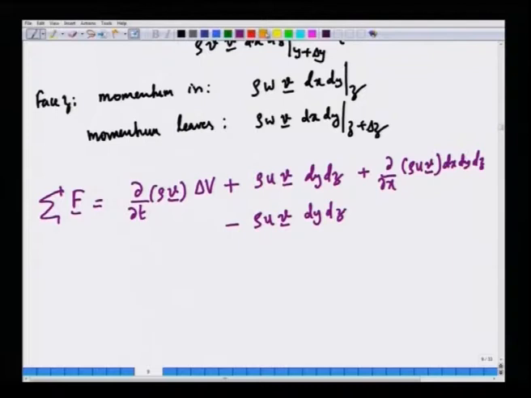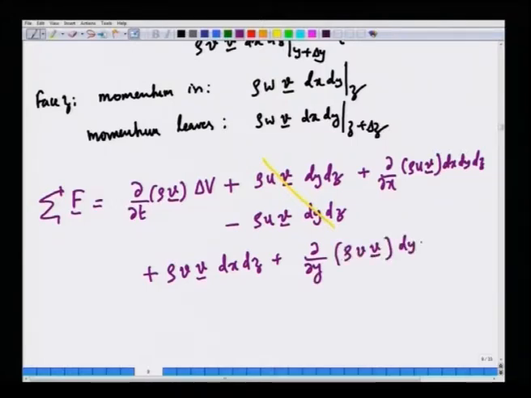These two terms are going to cancel out. Similarly, there are other two faces, plus rho v v dx dz plus d dy of rho v v dy dx dz minus rho v v dx dz. These two terms are going to cancel out.